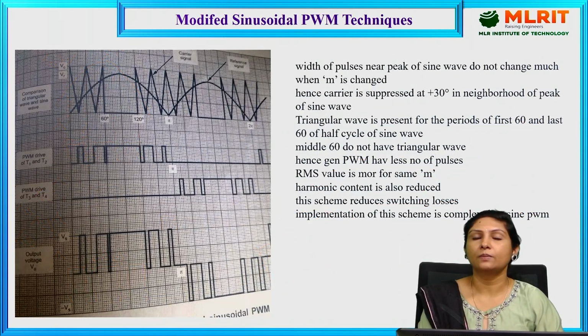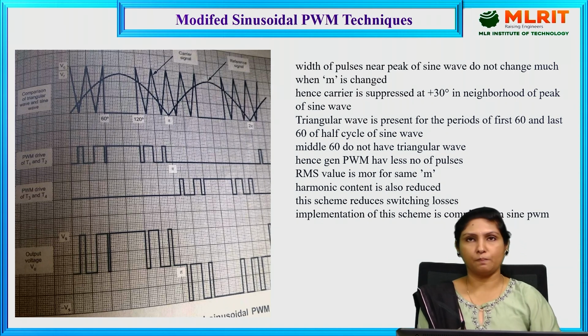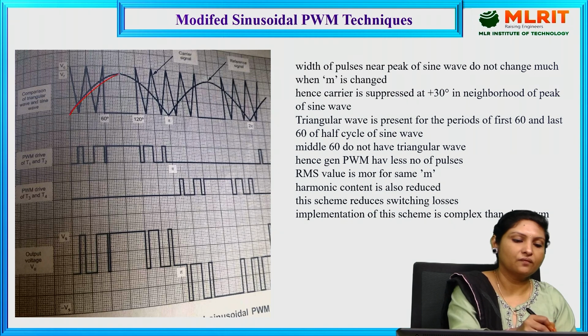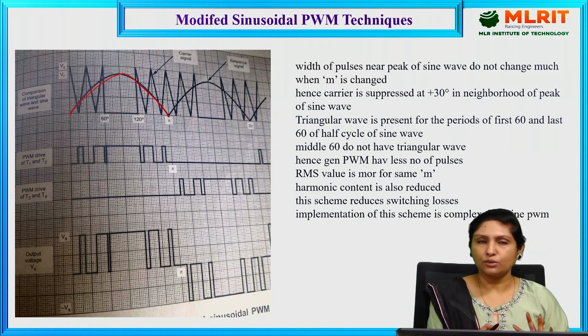And then coming to the modified sinusoidal pulse width modulation technique. Here, there is a sine wave which is actually compared with the carrier wave. This is just similar to the sinusoidal pulse width modulation technique.